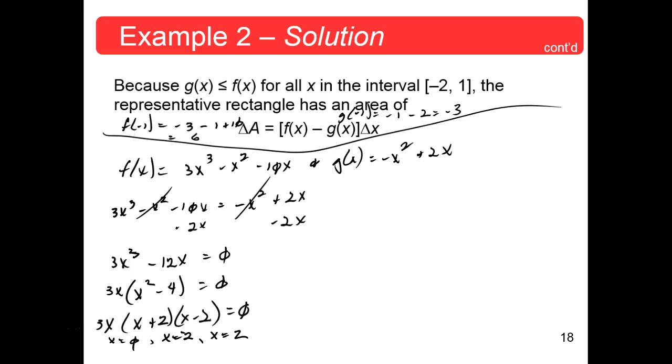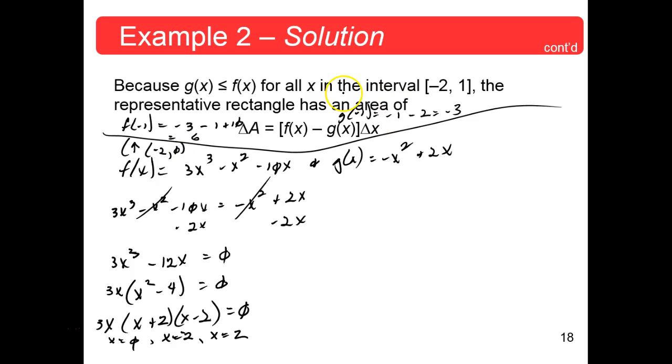F is on top on the left-hand side of 0. Does everybody agree? Okay? So F is on top. I'm going to put F greater between minus 2 and 0.